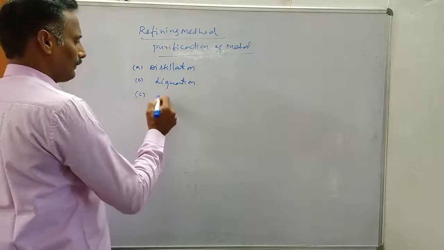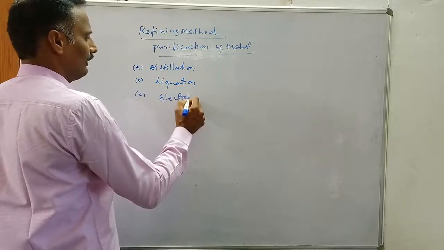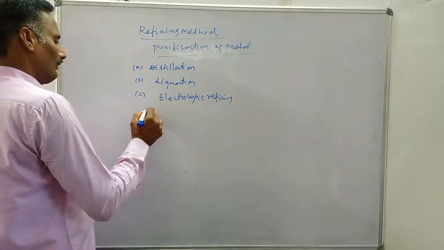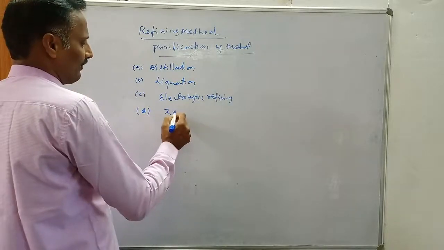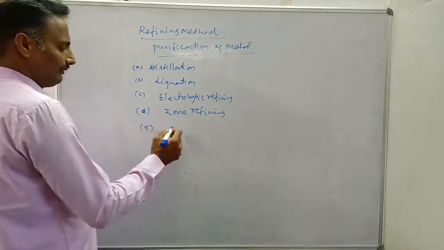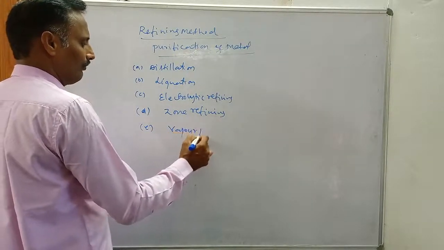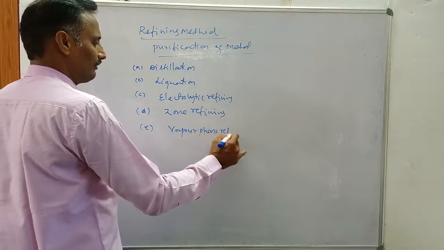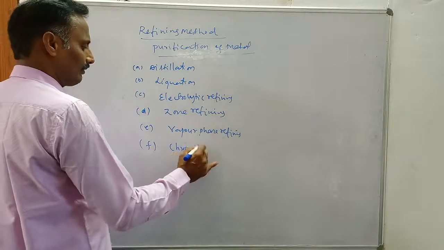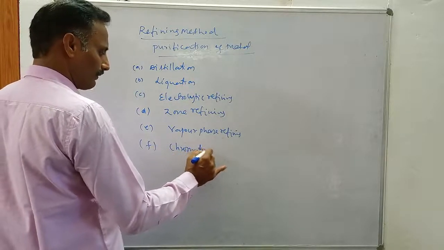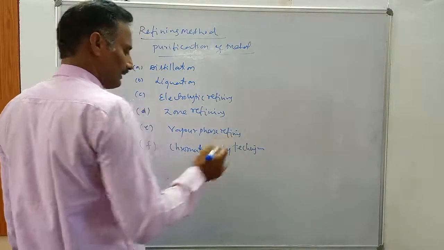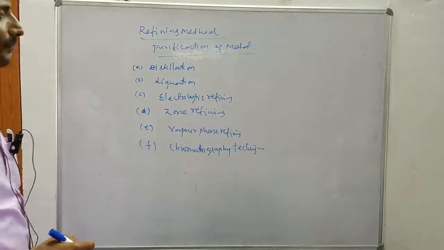The third is electrolytic refining, the fourth is zone refining, the fifth is vapour phase refining, and then chromatography techniques. These are the techniques involved in the purification of metals.